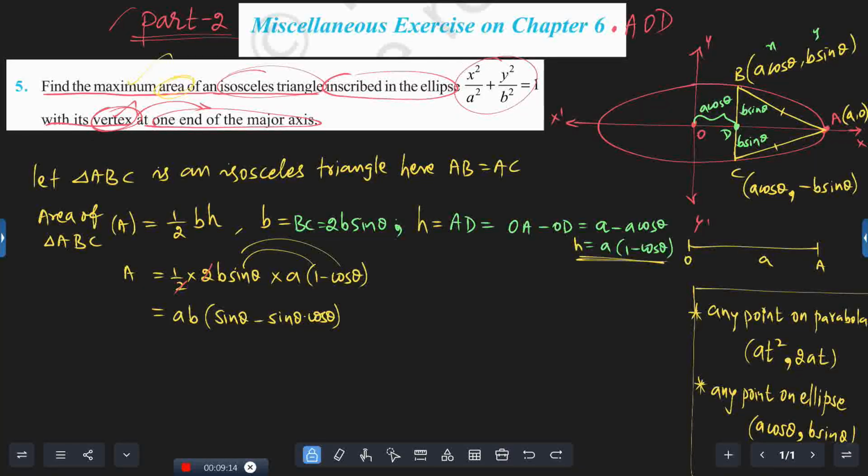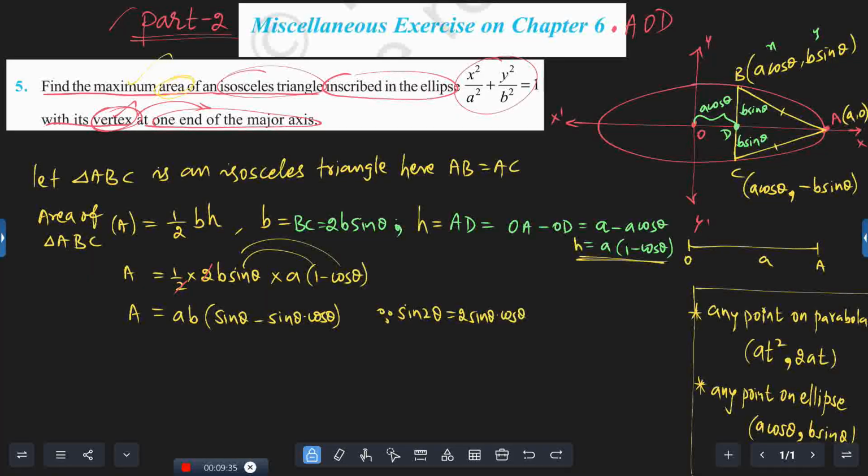Okay, now you can differentiate. This is the area. We differentiate the area with respect to theta only, since theta is the variable. But here you would have to use the UV formula. To avoid the UV formula, we have the sin 2 theta formula: 2 sin theta into cos theta.